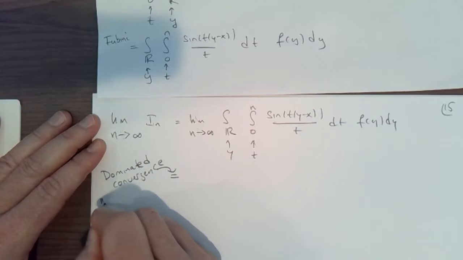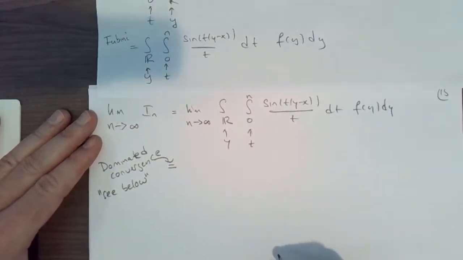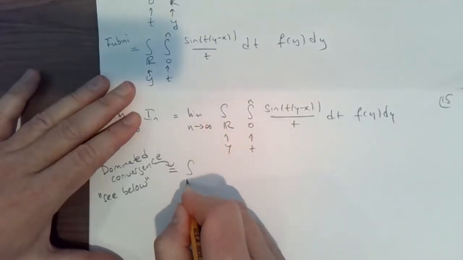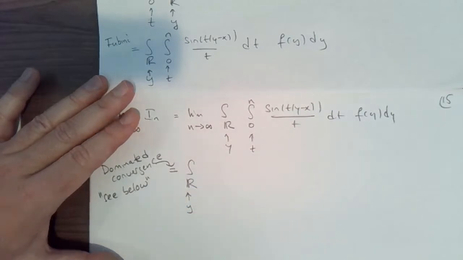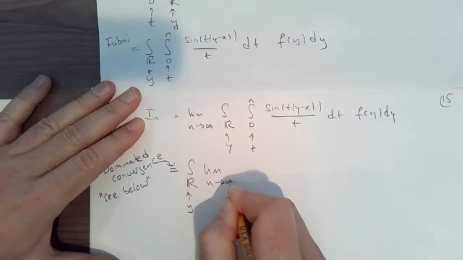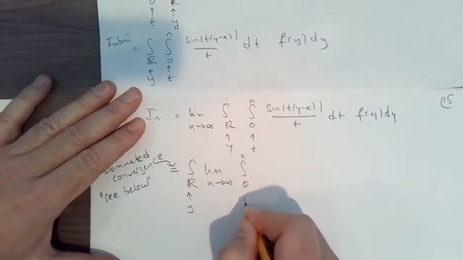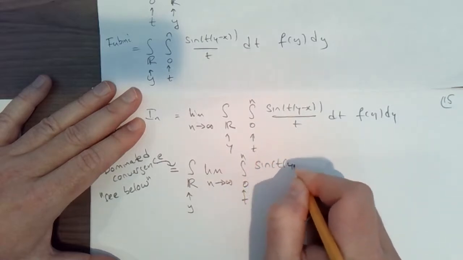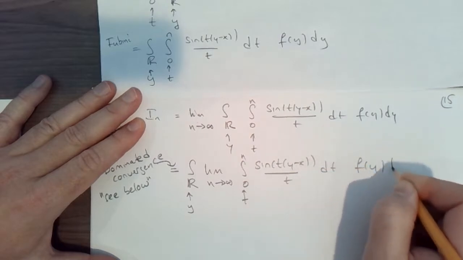So this here is just going to be a constant, C, below. For now, we'll just move that limit inside the integral over R here. So this is again my y variable. Pull the limit in here, and then I'll have an integral from 0 to n, and here I'll have my t, sine t(y minus x) divided by t dt f of y dy.